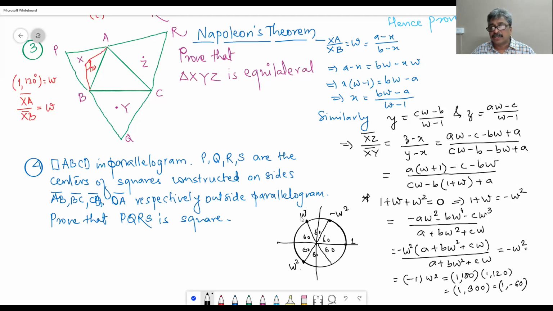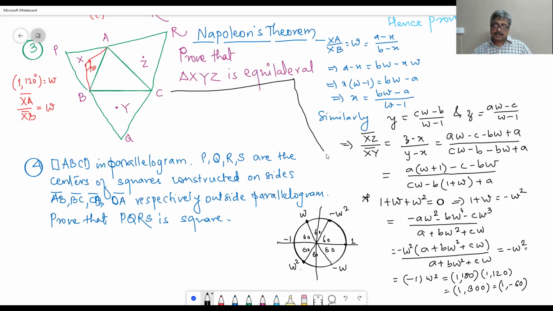So reflection of omega in origin is minus omega. Reflection of omega square in origin is minus omega square. Check it out. Reflection of 1 in 0 is minus 1. Okay, so this is the proof of being equilateral.